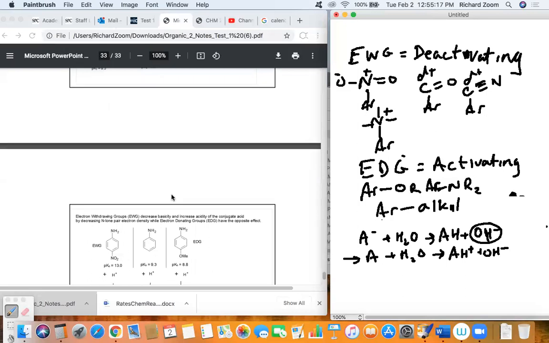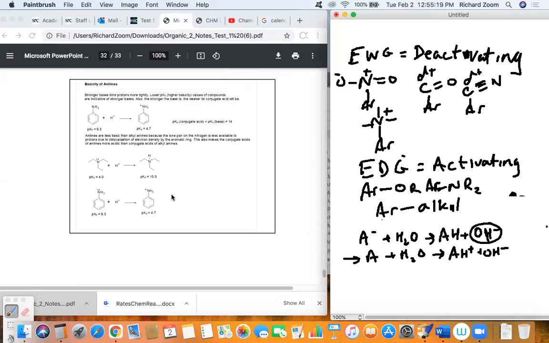Okay, but I didn't understand the last sentence you said before you said that. You said it becomes more acidic? The conjugate acid of the aniline is more acidic than the conjugate acid of the amine. If you look at the values, 4.7. But it's less basic.